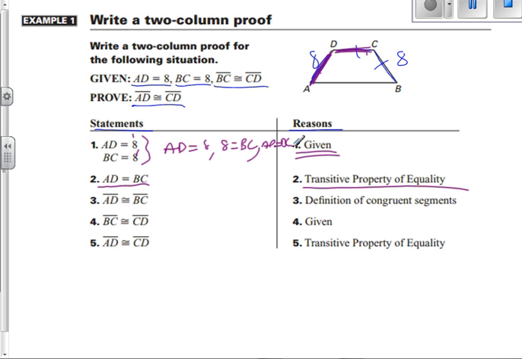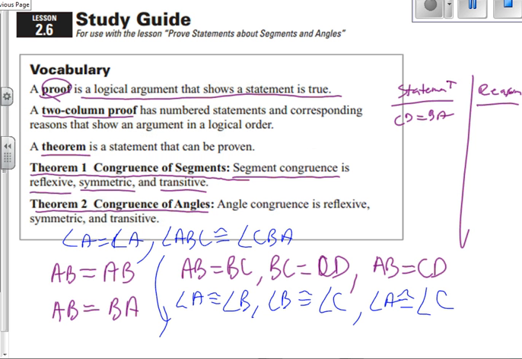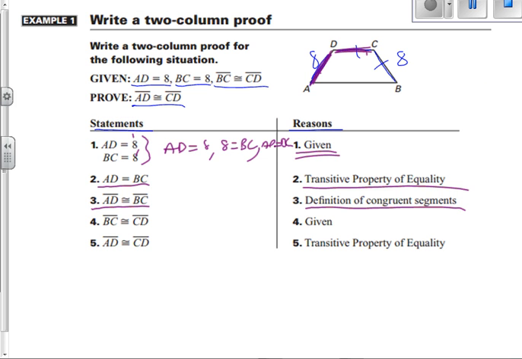Now, step 3. I know that segment AD is congruent to segment BC. Definition of congruent segments. If we go back one slide, segment congruence is reflexive, symmetric, and transitive. So we're saying that segment AD is congruent to BC, and that's because of that statement right there.